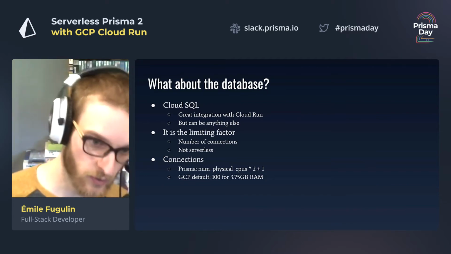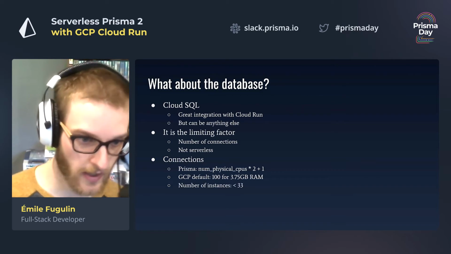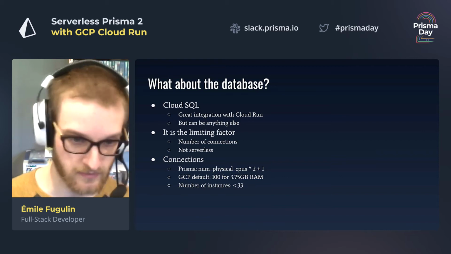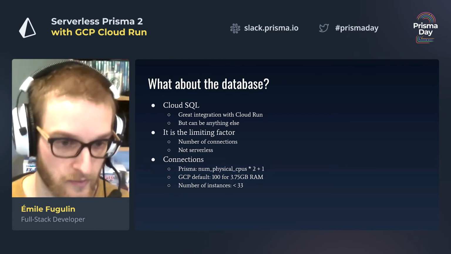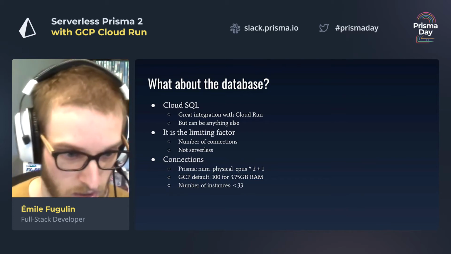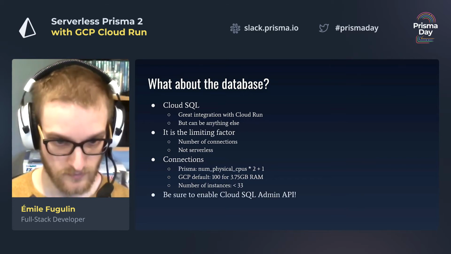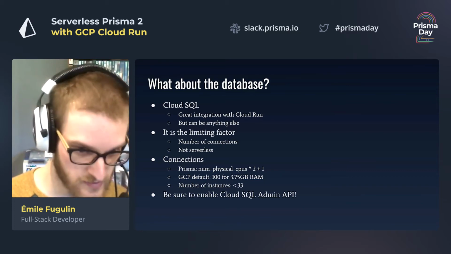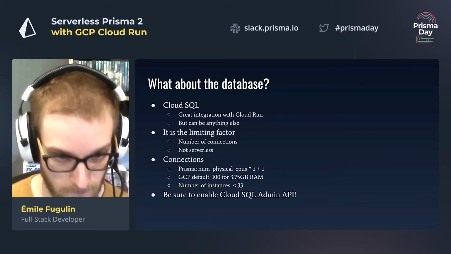So if you have only one CPU, that means you can usually have 33 instances, but I would still give it a bit of margin of error because it's not a perfect science and we don't want to bust the connection limit of our database. One thing to make sure of in GCP, if you use Cloud SQL, is to enable the Cloud SQL API.